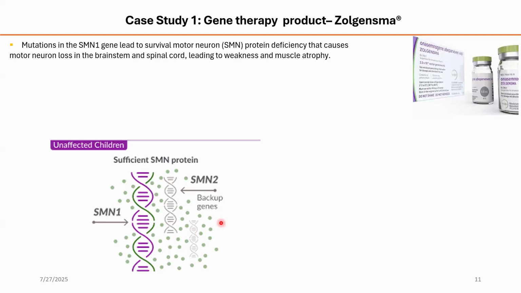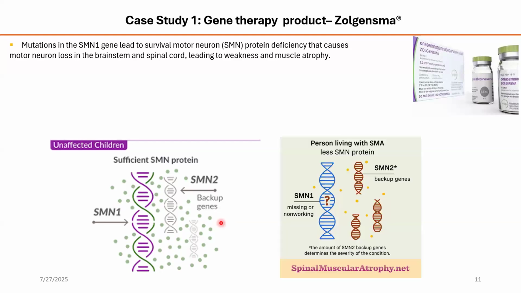In the case of spinal muscular atrophy, the SMN1 protein itself is missing or is not working at all. So the 10% of the SMN2 protein, the backup gene, is not sufficient. The amount of the SMN2 protein also determines the severity of the condition. So this leads to spinal muscular atrophy in children.